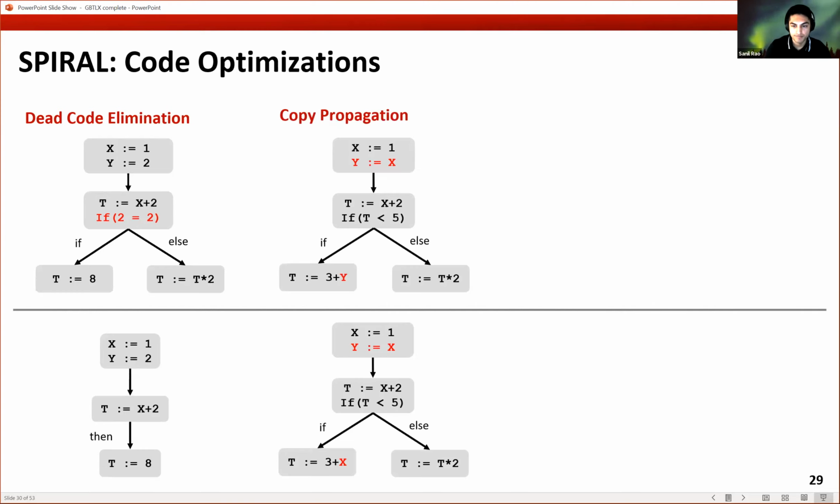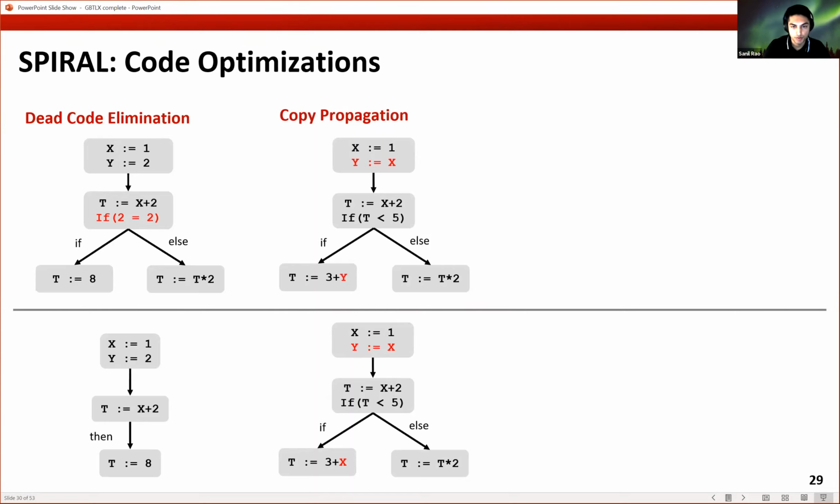We also have optimizations like copy propagation. In this optimization, if you have an assignment y equals x, you can replace uses of y with uses of x as long as there are no intervening assignments to either x or y. So as you can see here, we have that y equals x and that 3 plus y use, but we don't actually change x or y.